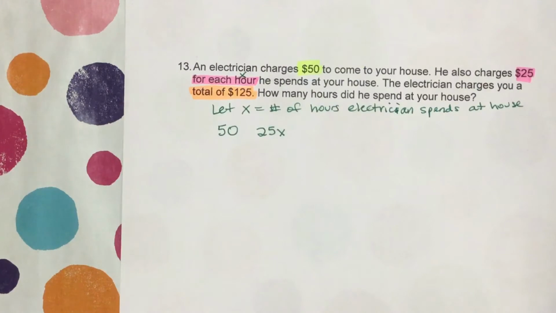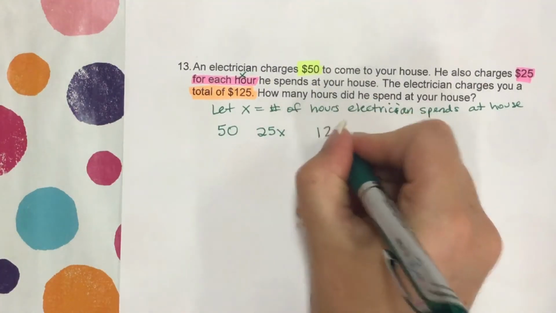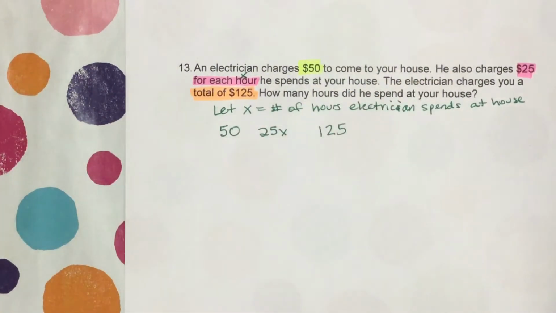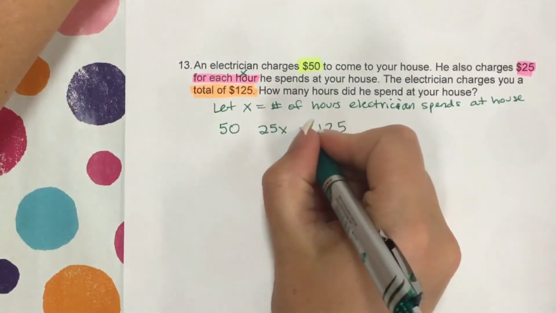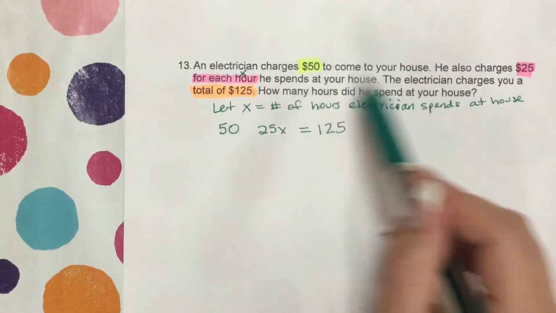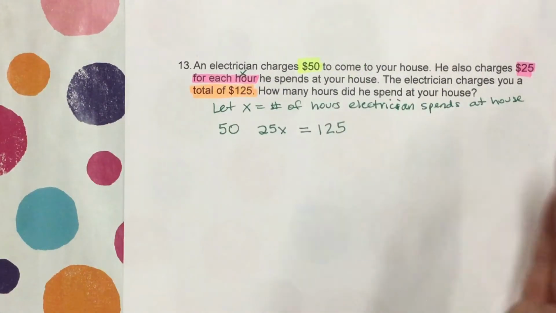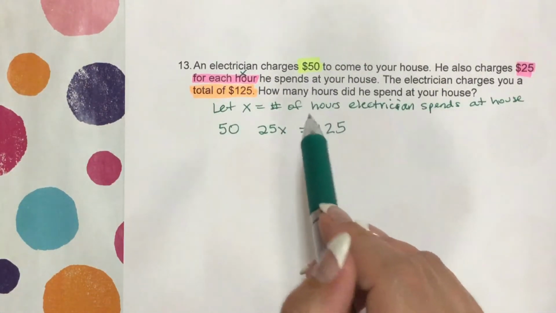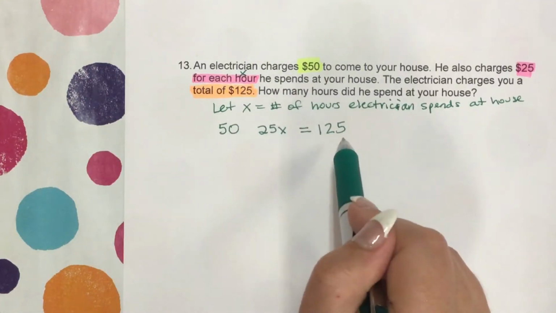And the $125, that's the total. That's what everything equals. So all the individual pieces or the expenses of when that electrician showed up are added together and equal the total.